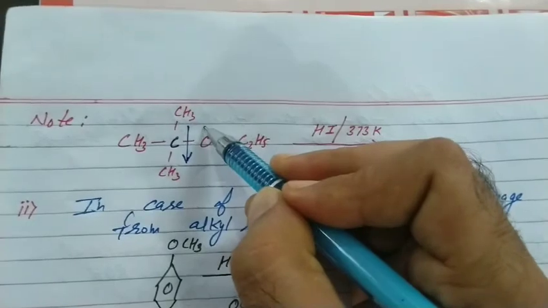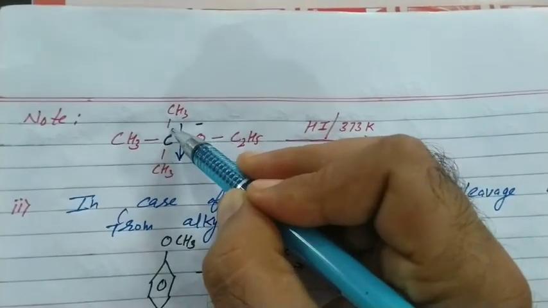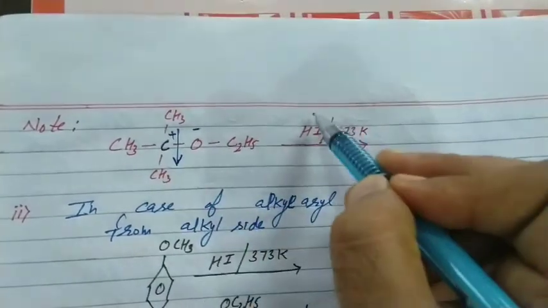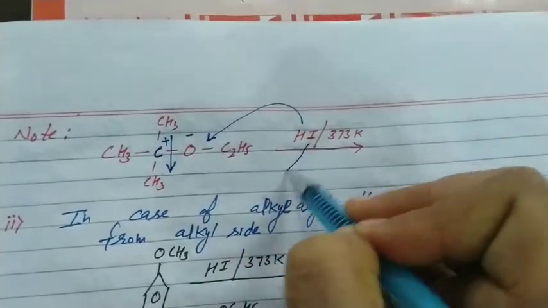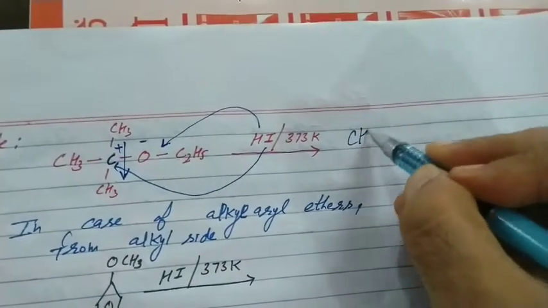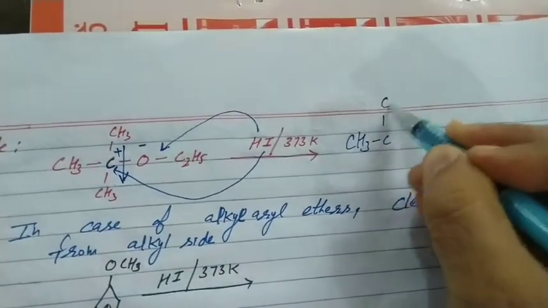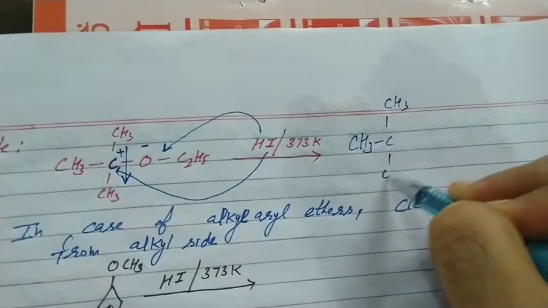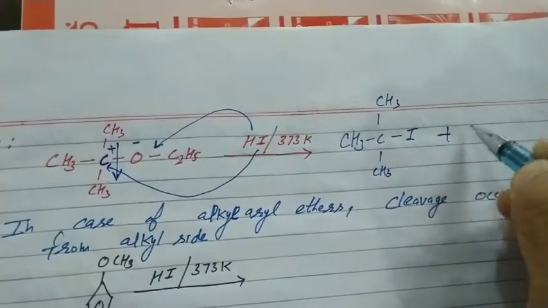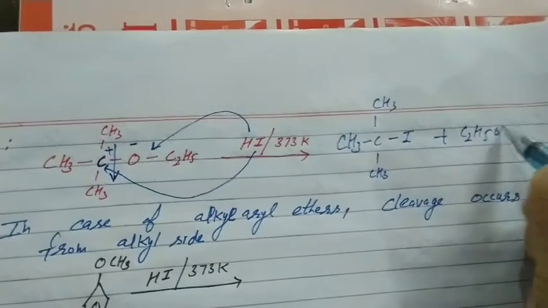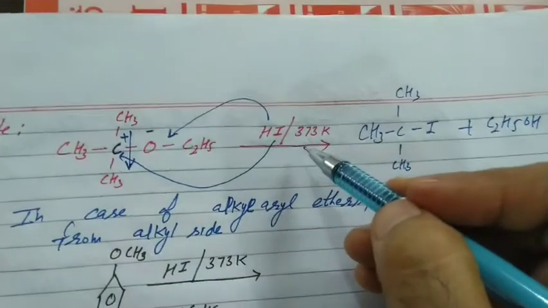Cleavage occurs from that end. Oxygen is electronegative, negative charge, positive. H approaches the electronegative oxygen, forming alcohol, and I goes to the carbocation, so a 3 degree haloalkane is obtained. Again that's an exception and important: 3 degree haloalkane, it gives plus C2H5OH. What is the product of this reaction, students?